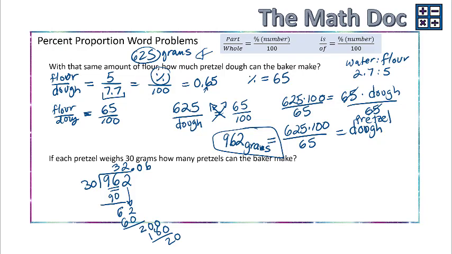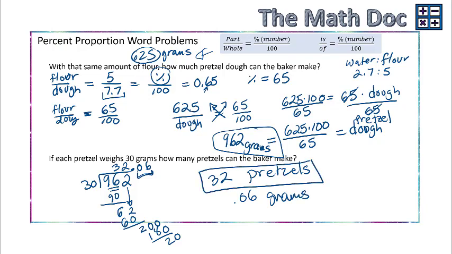So we're looking at 32 plus a remainder. So we can make 32 whole pretzels, 32 pretzels. And we have a little bit of dough remaining, about 0.6 grams, so not enough to make anything substantial. So the answer is 32 pretzels.